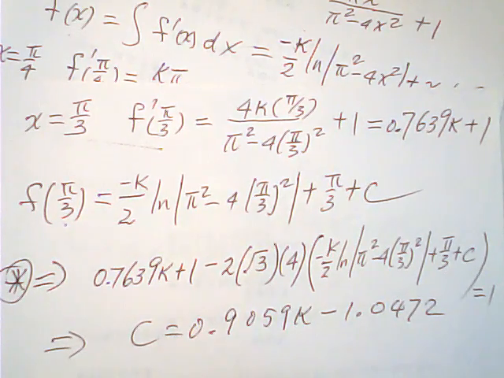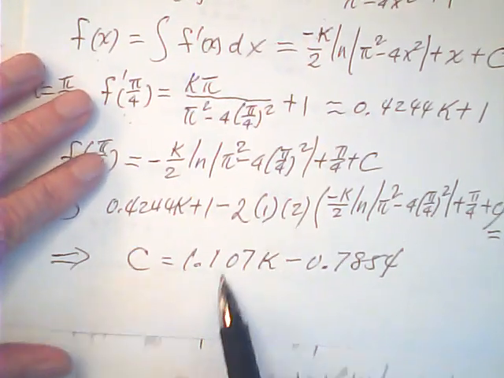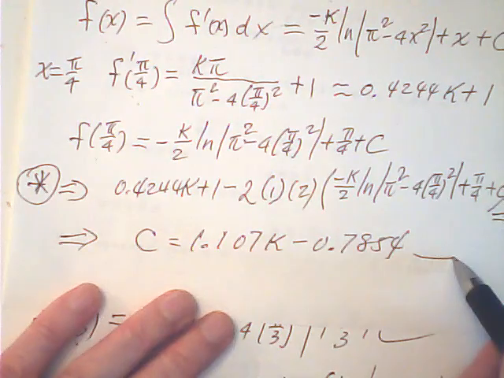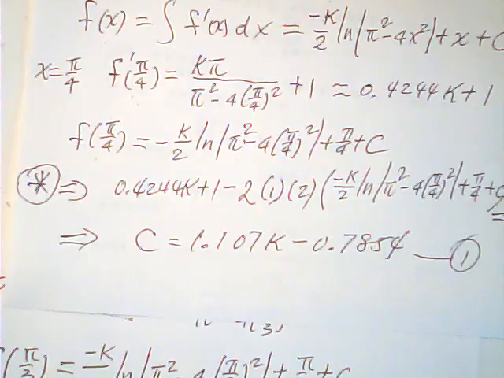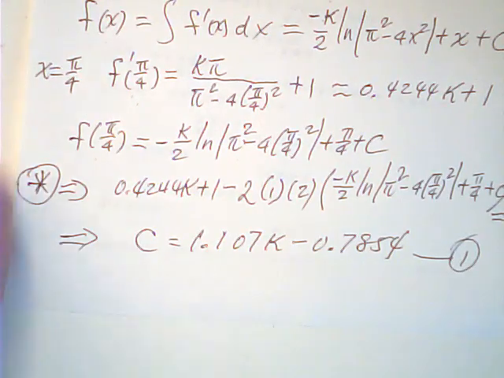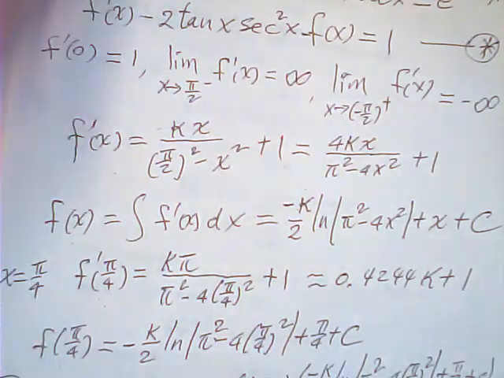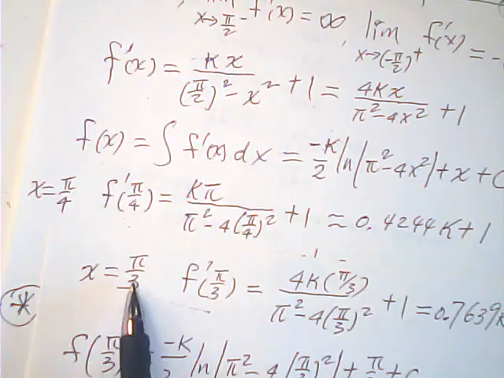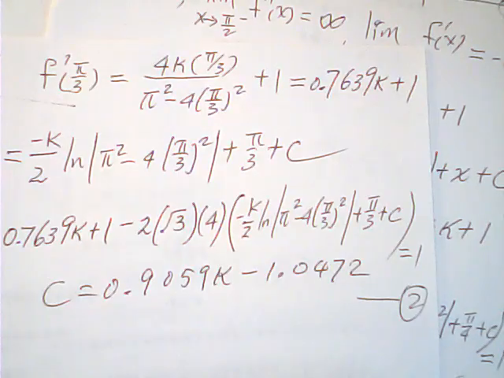Now, from these two equations, this one is called equation 1, and this is equation 2. We let x equal to quarter pi, we create equation 1. And we let x equal to 1/3 pi, after plugging into the star equation, we get equation 2.